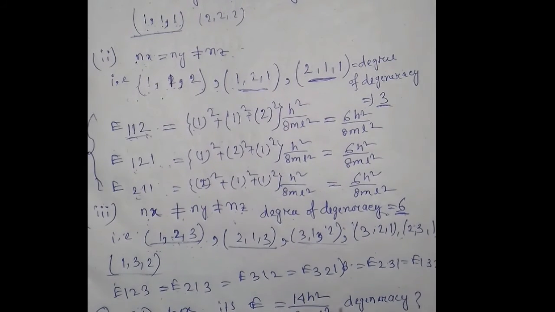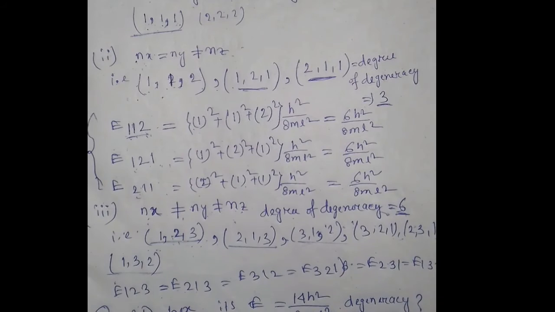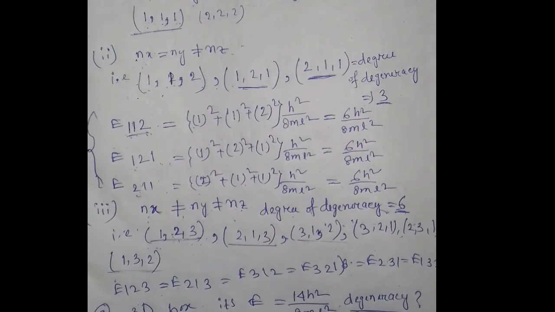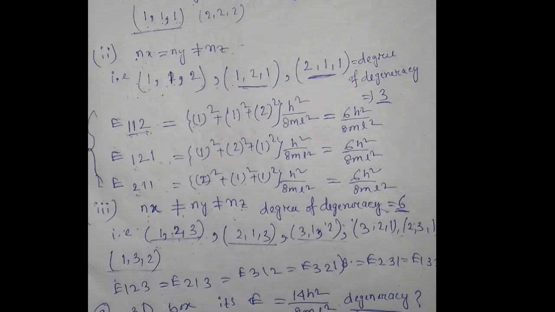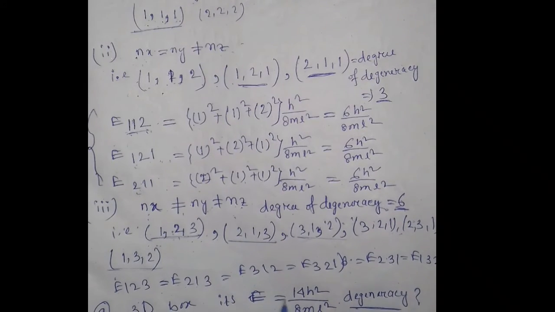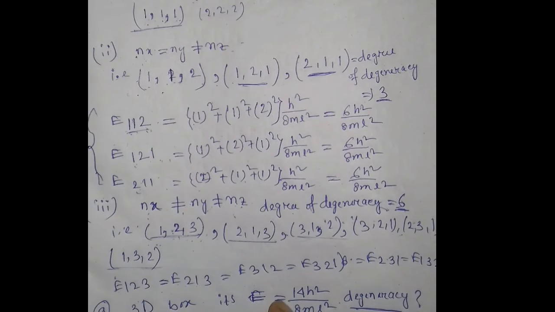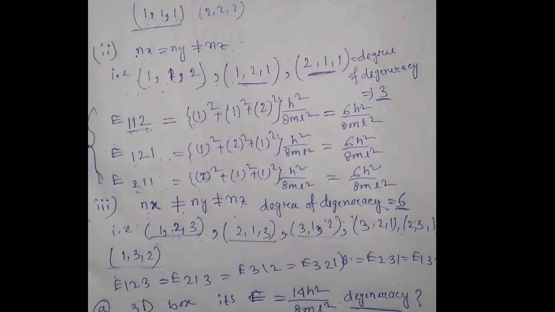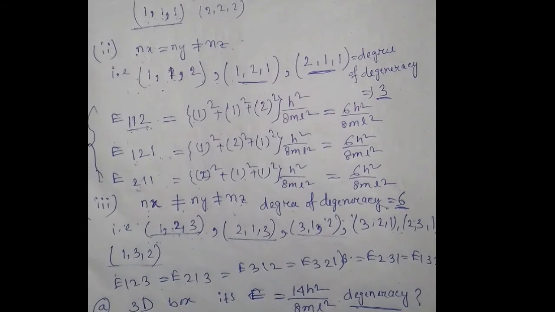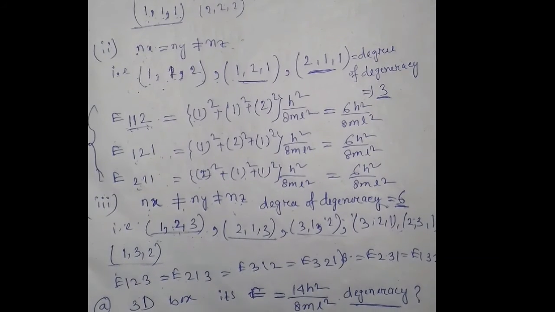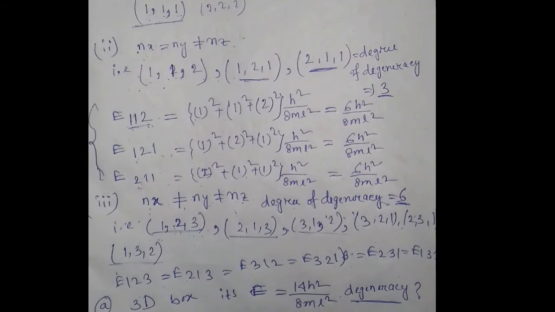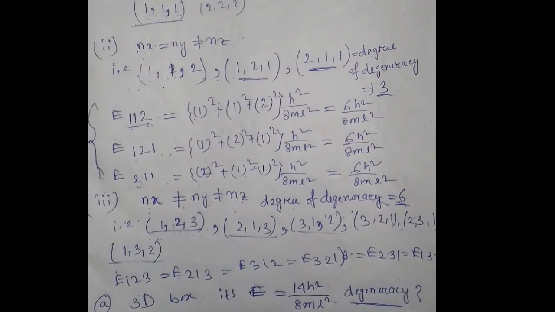What do we have to do first? We have to find the quantum numbers nx, ny and nz, that is, the possible ways by which nx square plus ny square plus nz square is 14.